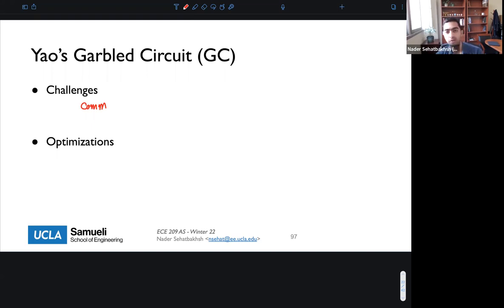And not only that, Even also needs to do 1 round of oblivious transfer with Ginny. Then Even needs to send back the results to Ginny, and then Ginny can actually announce the results. So there are multiple rounds of communication between the two parties. And if the communication itself is a bottleneck, that could be a huge challenge, right? For example, in the context of machine learning, just imagine that for every multiplication that we need to do, a round of communication between the two parties is needed.